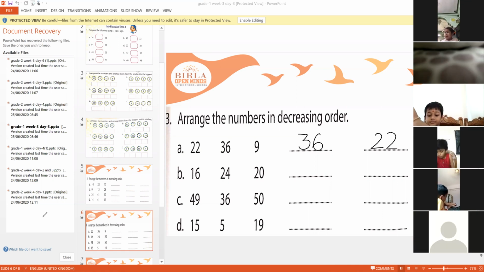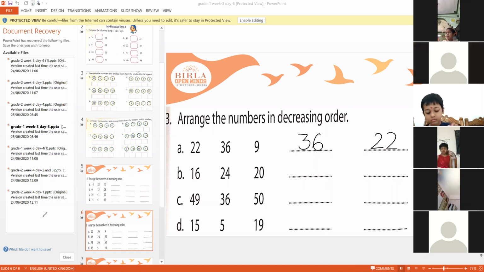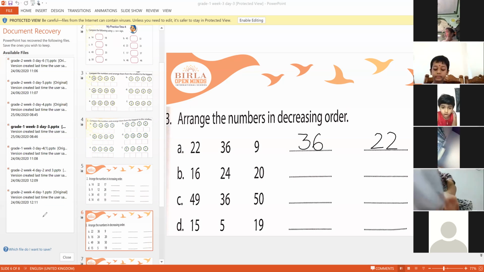Ashrita, you tell me the answer for bit number B. Which is the biggest number, Ashrita? 24, 16 or 20? 20. No, wrong. 24 is bigger or 20 is bigger?